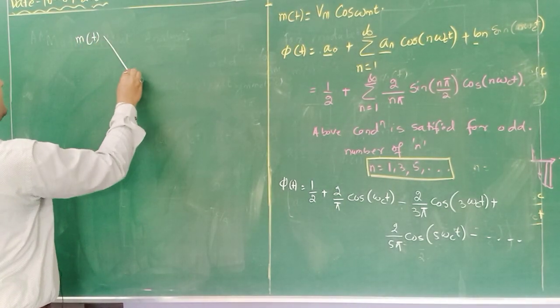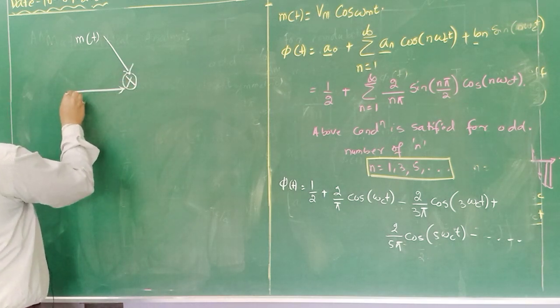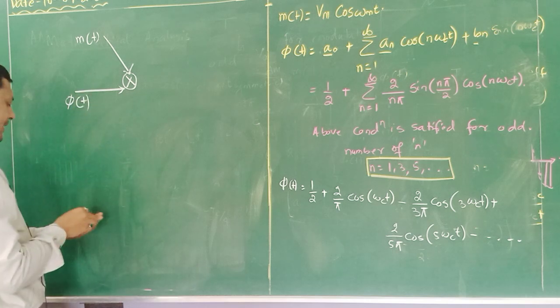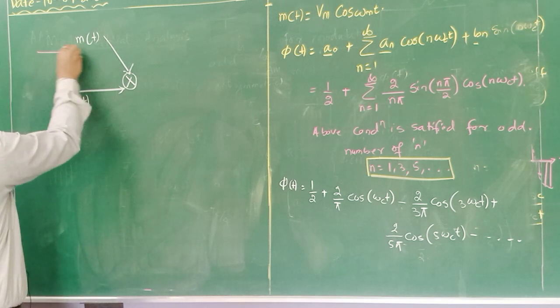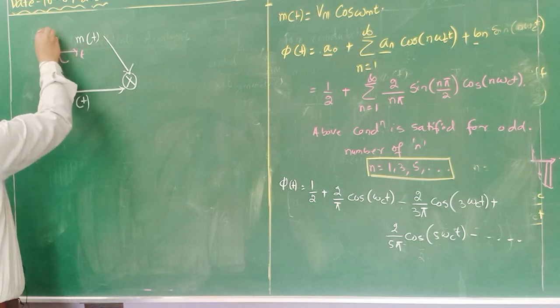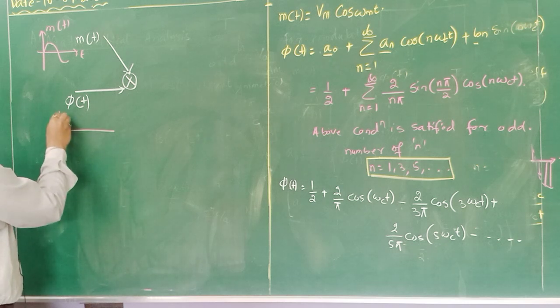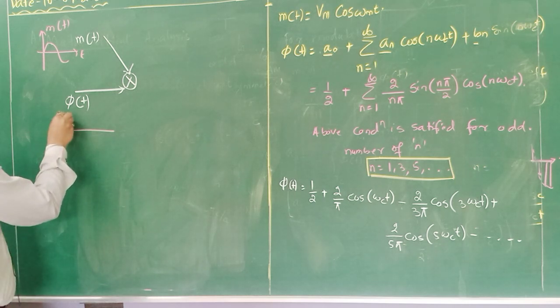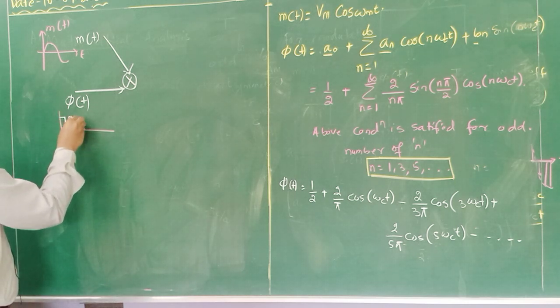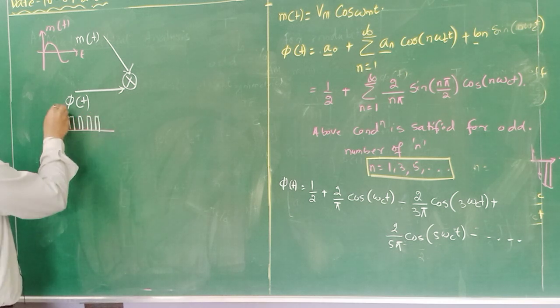It enters a mixer in which the pulse train is provided. I will draw a small diagram. This is my message signal, and this is the pulse train, whose periodicity is Tc, synchronized with the carrier component.